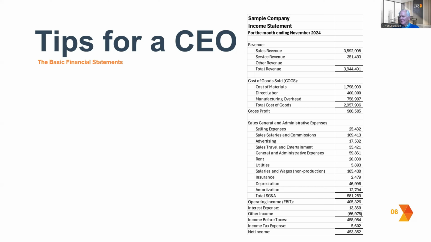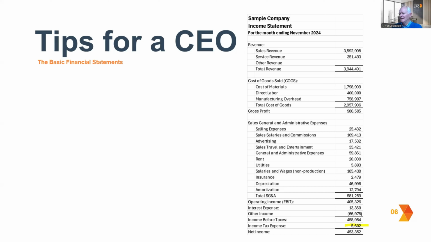So let me see if I can highlight that. If you look at that income tax number, there's no way that a company should be paying that amount in income tax. So when you look at this, it's always important to look at your tax expense because many people forget about it.